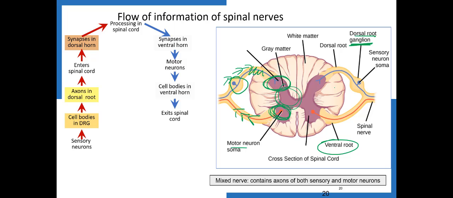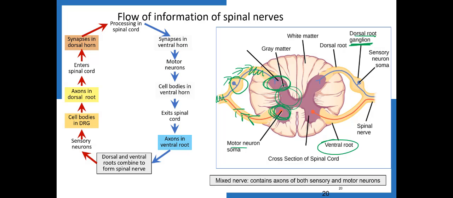And then the ventral root becomes part of the spinal nerve over here, and then goes and does whatever the motor neuron is supposed to do.